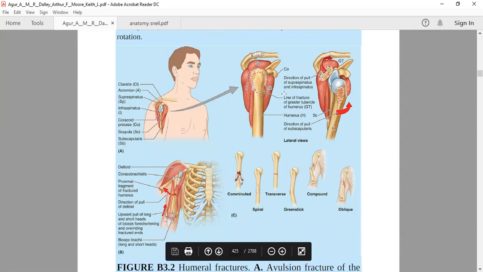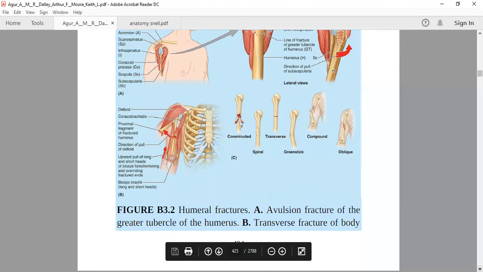Direction of pull of supraspinatus and infraspinatus is upward. Line of fracture of greater tubercle of humerus. This is humerus. Direction of pull of subscapularis: subscapularis will pull this way, and supraspinatus and infraspinatus pull this way.